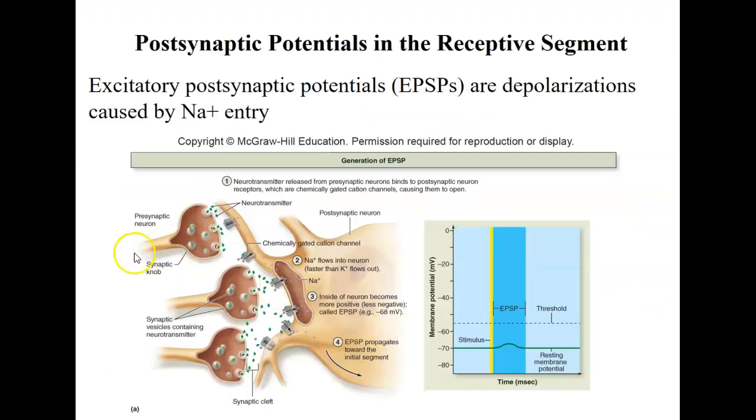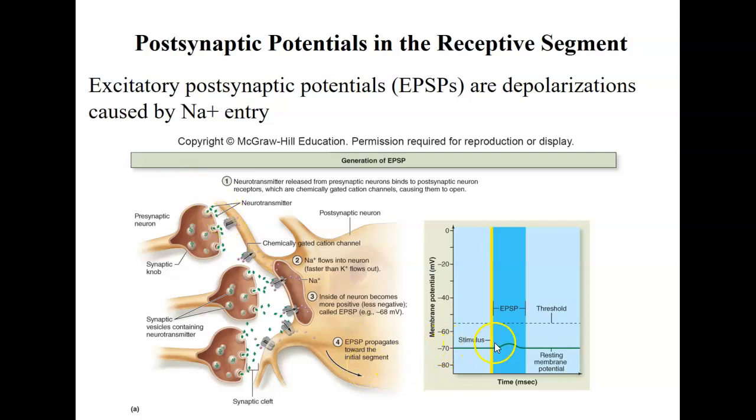This is showing a presynaptic neuron, and here is the postsynaptic neuron. So excitatory postsynaptic potentials are depolarizations locally that are caused by sodium moving through a chemically gated ion channel when a neurotransmitter binds to the protein, just like we saw at the motor end plate.